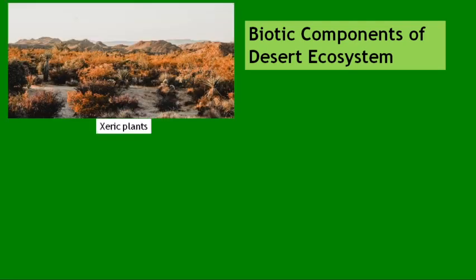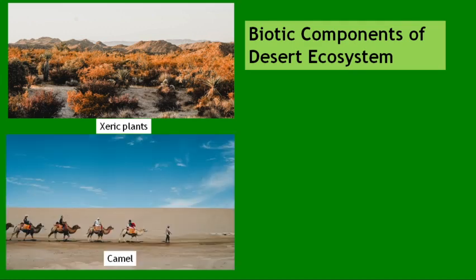Now let us see some photographs of some of the producers and consumers of a desert ecosystem. You can see through this photograph on the top left, this picture reflects a desert in which you may see xeric plants, means xerophytic plants. Xerophytic plants are those plants which can survive in conditions with scarcity of water and high temperature, such as deserts.